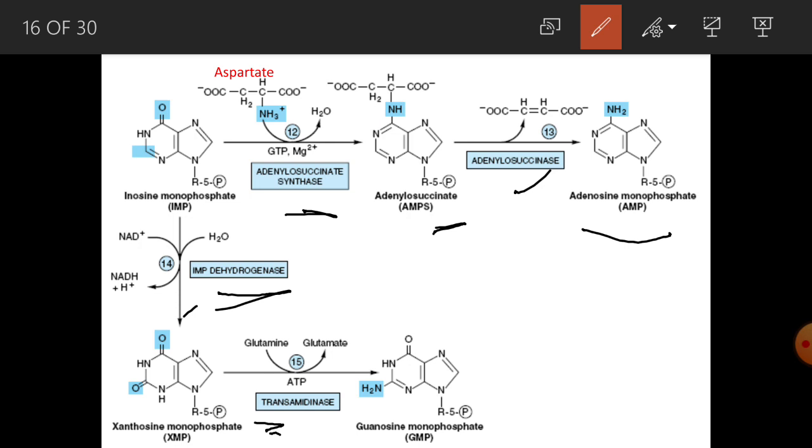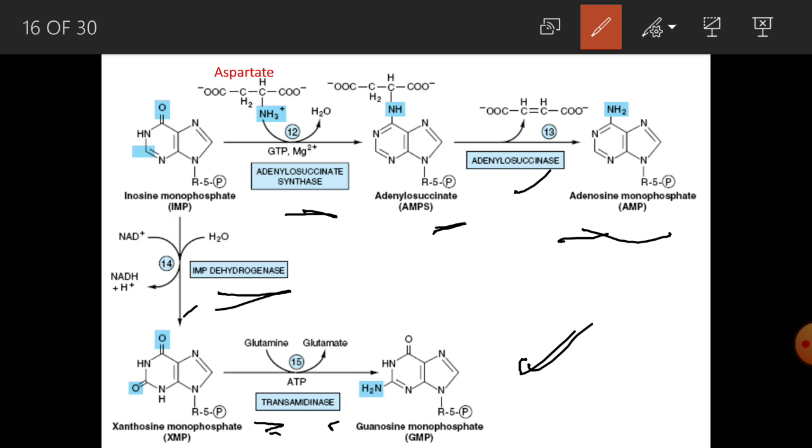So, xanthosine monophosphate will finally in presence of transamidinase and glutamine, glutamine will transfer its amino group and guanosine monophosphate will be obtained, that is GMP. Fine. So, now we have got AMP and GMP.